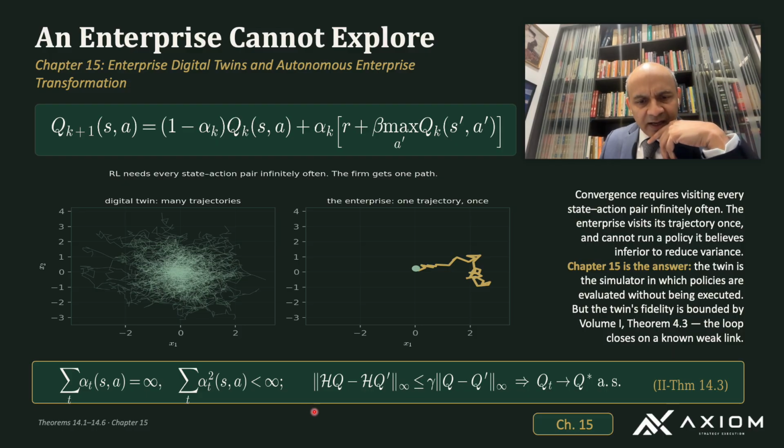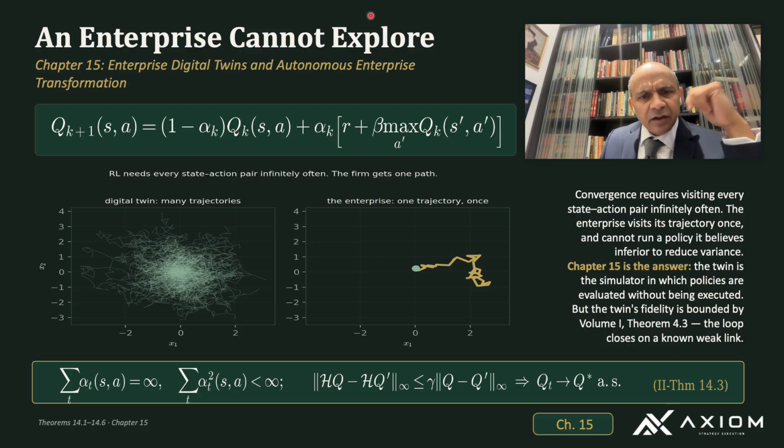Now, on the right side, we see the Bellman optimality operator as a contraction, where H is the Bellman optimality operator, while gamma is less than 1. That's the discount factor. The inequality says that each Bellman update pulls different Q functions closer together. The Bellman operator progressively eliminates error.